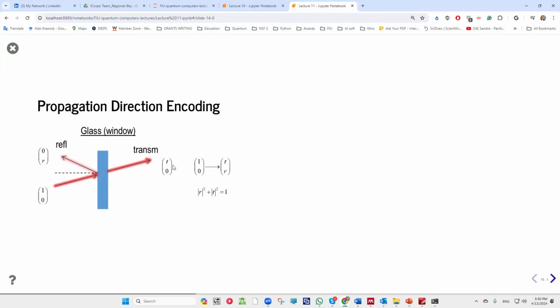If you detect a photon, you always detect just one photon. But after this reflection experiment, you consider that the window, this glass, creates two clones of the same photon.